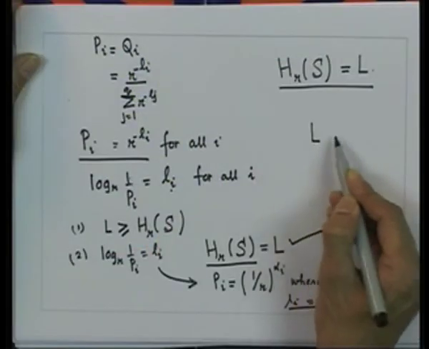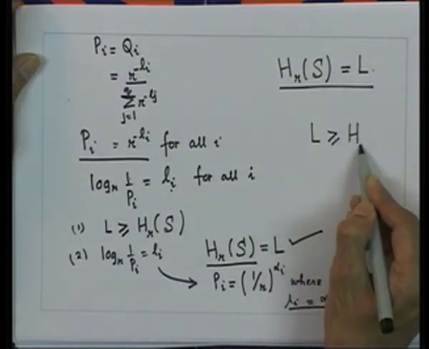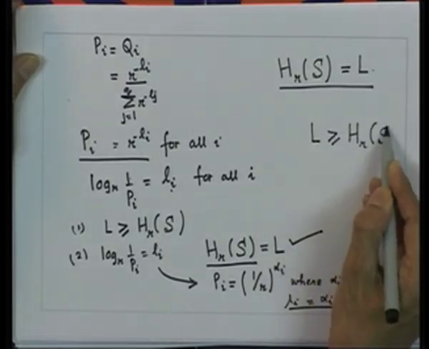Now, let us try to answer some of the coding questions raised earlier in the light of what we have studied today, an important relationship which says that L should always be greater than or equal to H_R(S).